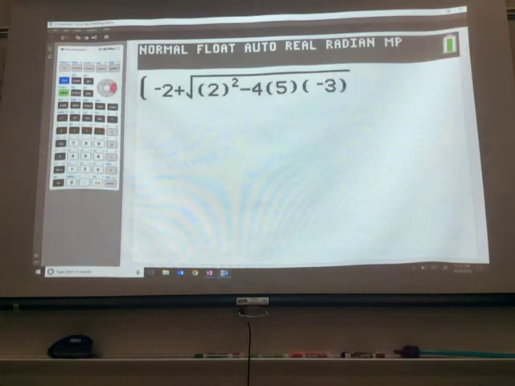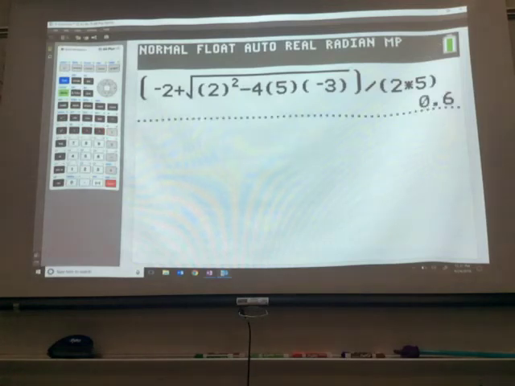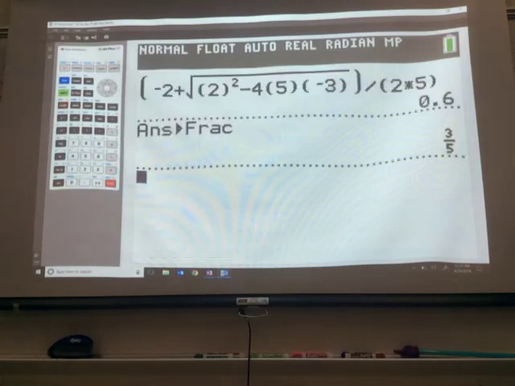You're going to use your right arrow and close out your numerator. Then we're going to divide by 2 times 5. And our first answer is going to be 0.6. I'm going to press math enter to give me a fraction of 3/5.